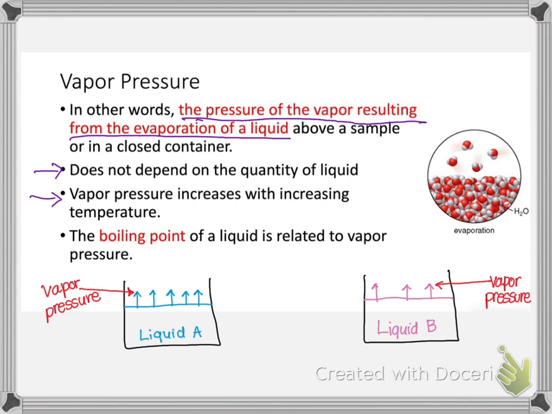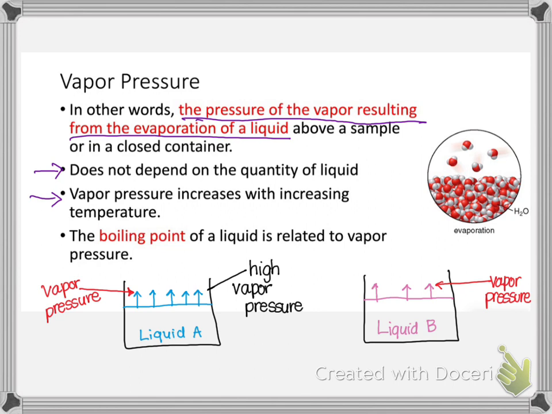So as the liquid evaporates, it creates a pressure above the liquid. And so when we look at it, not all liquids are the same. In fact, an important thing that differentiates them are their intermolecular forces, which we'll learn about in part 3. But what I can say is I would describe this as having a higher vapor pressure because it has a lot of gas escaping.